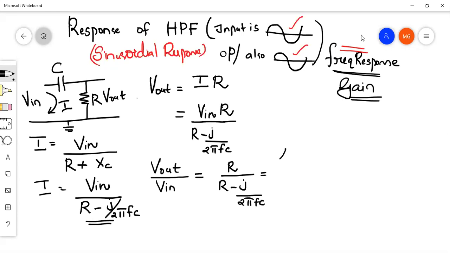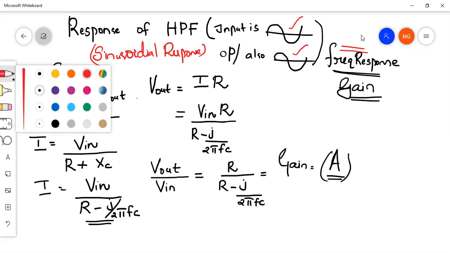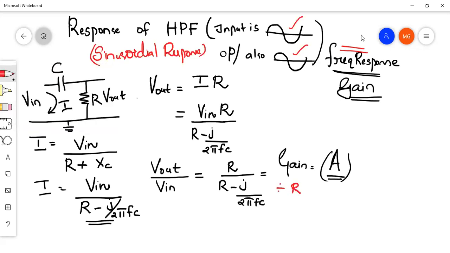Then this term I can call it as what? Gain, represented by capital A. Remember the notation, you have to remember capital A. Then I have to divide the numerator and denominator by R. So I am dividing both with respect to R. Then I can get a new equation: R divided by R, 1 divided by 1 minus j divided by f into 2 pi RC.